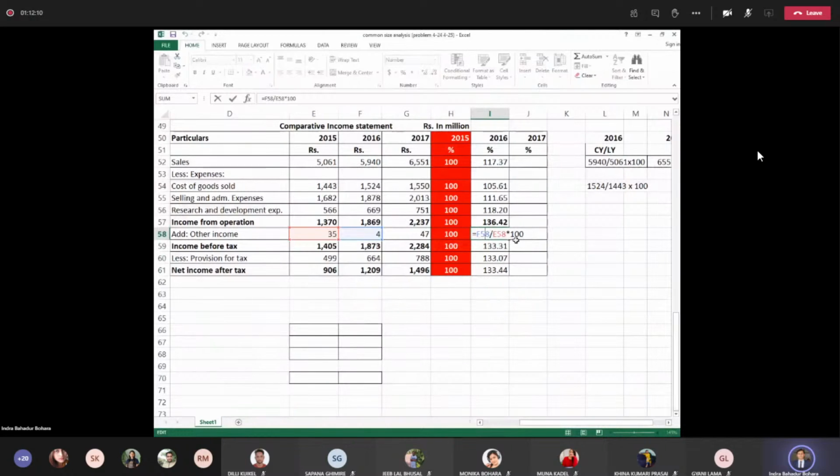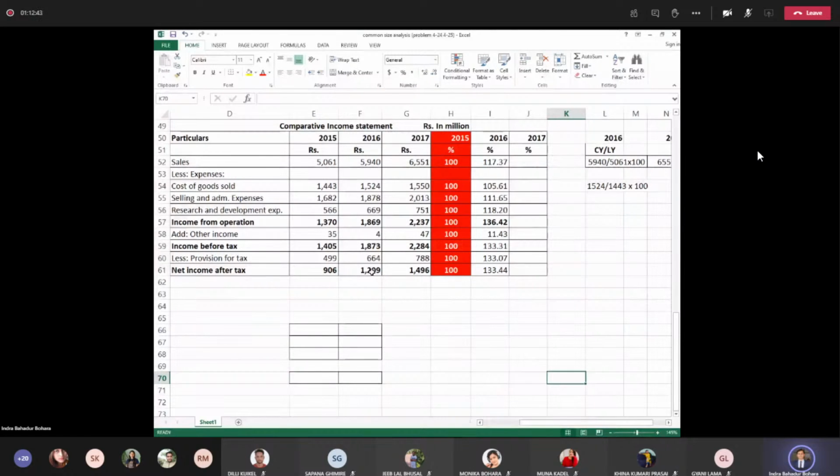Here you write down the bracket. 11.43 percentage decreased, or it is not a decrease, it is 11.43 percentage of 35. In comparison to the base year, this is only 11%.